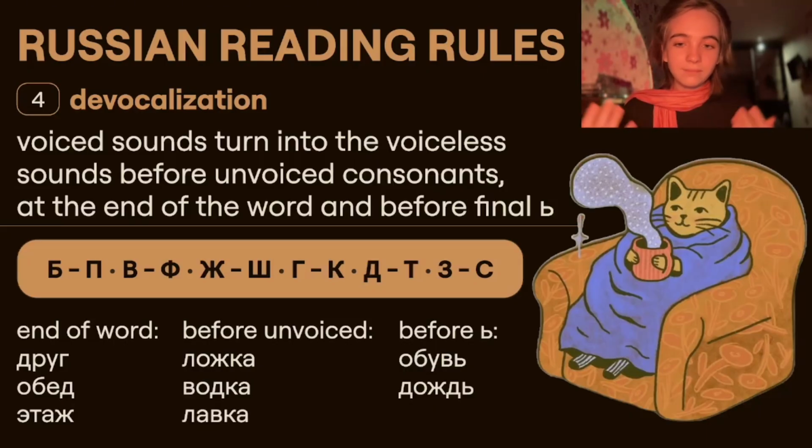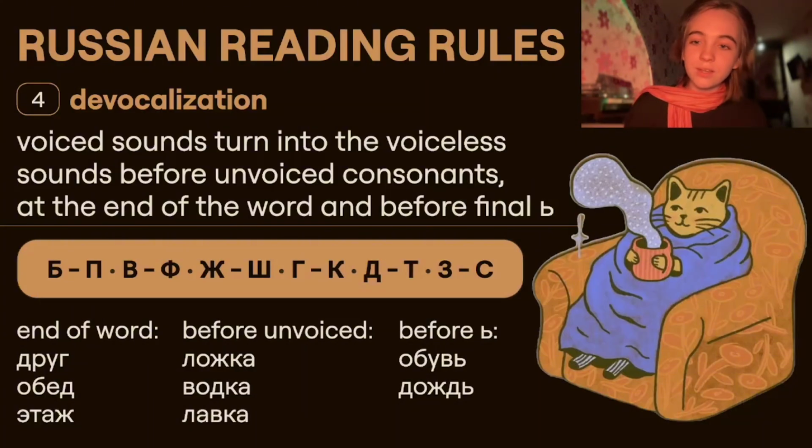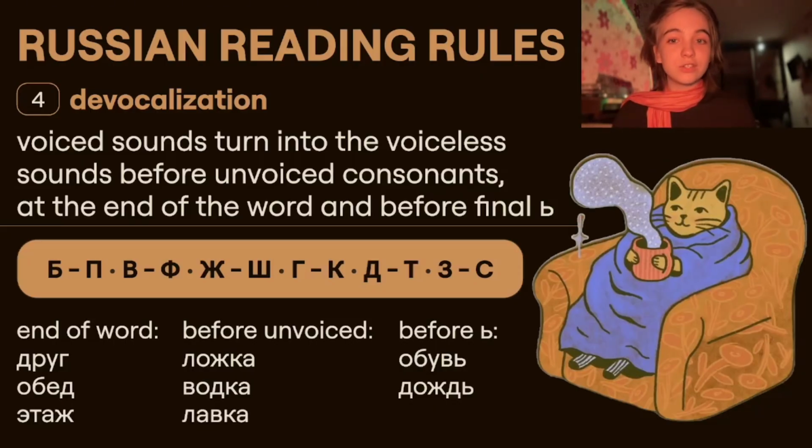Водка. And лавка, we say f instead of v. Лавка. And the last group of examples is before a soft sign. Обувь and дождь. So we don't say them with the voiced ending. It's very difficult to say. We say обувь, дождь. As you see, the soft sign is standing at the end of the word and the consonant is standing at the end of the word as well, and it's pretty close to the first group of examples.